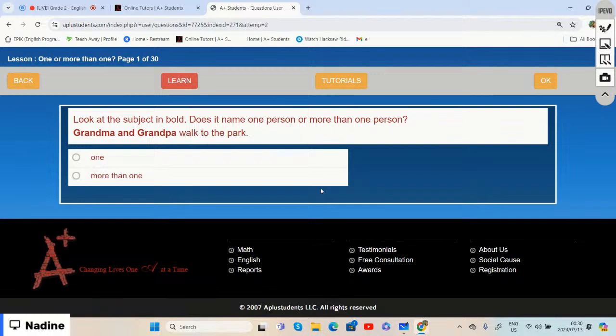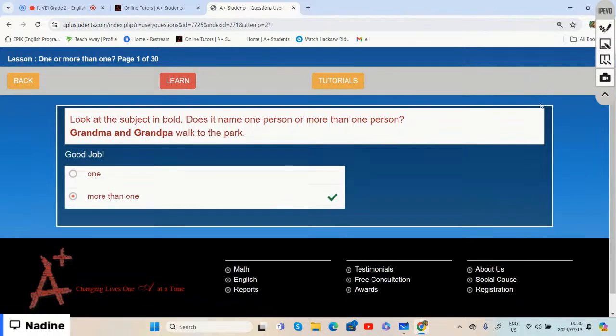Yes. So if grandma and grandpa is referring to one or more than one, then we will go with option two. So well done. Option two is correct because we're referring to more than one person, which is grandma and grandpa. Well done.